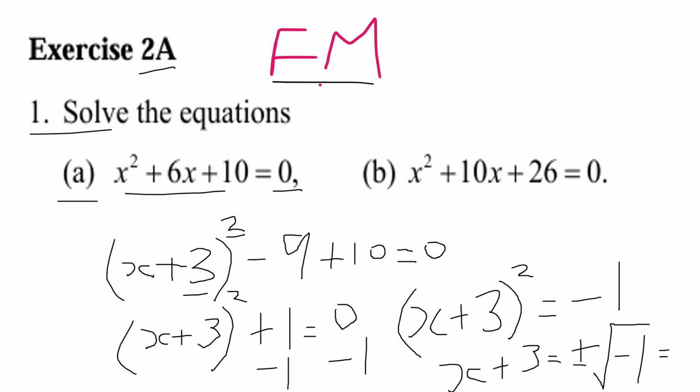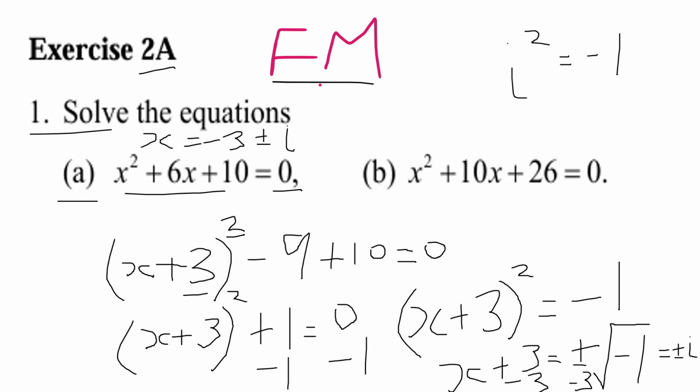So we class this as plus or minus i or j. Some textbooks use i, some use j; either is fine. Think of i squared equals minus 1, so i equals the root of minus 1. Then subtracting 3 on both sides, we have x is equal to minus 3 plus or minus i.